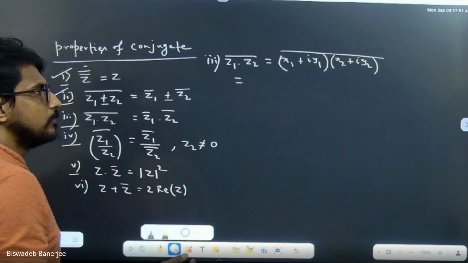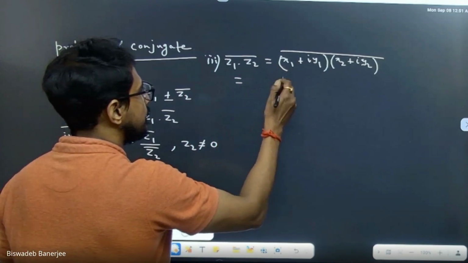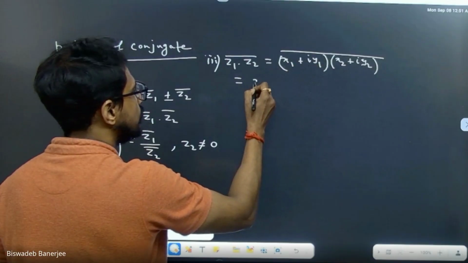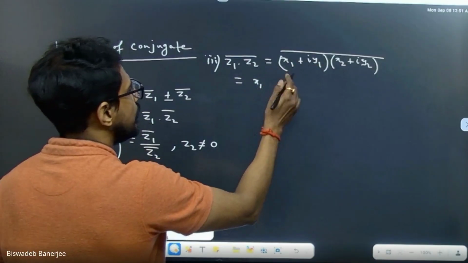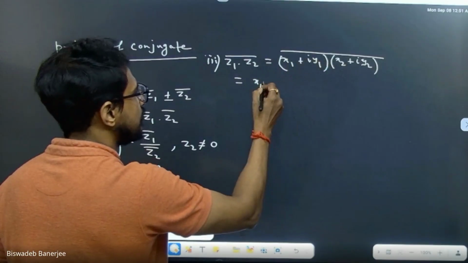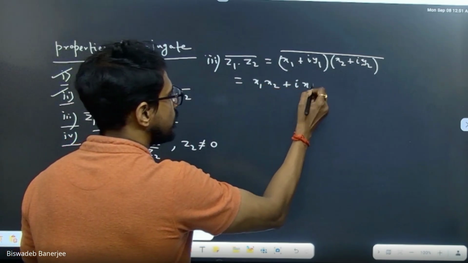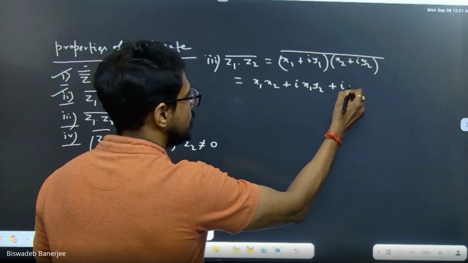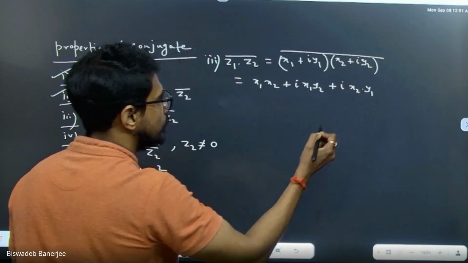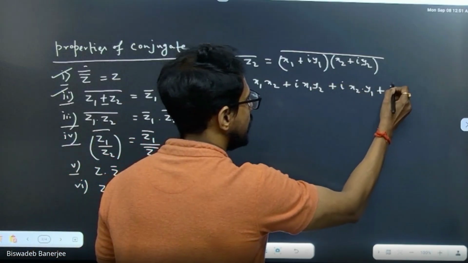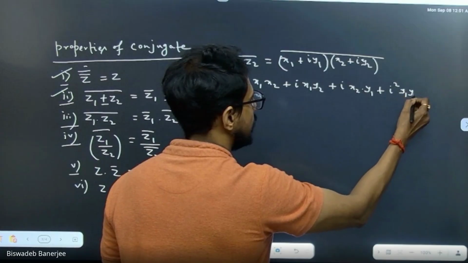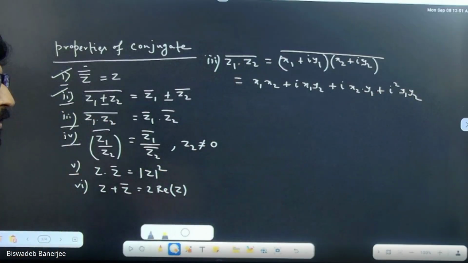If we multiply them, this will be x1·x2 plus i·x1·y2 plus i·x2·y1 plus i·i, which is i square, into y1·y2.